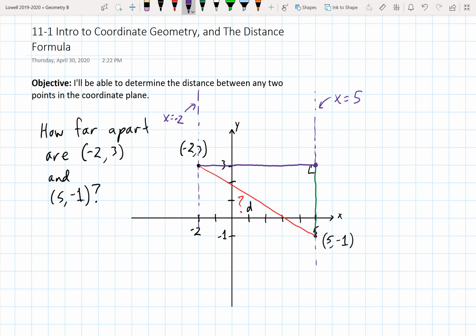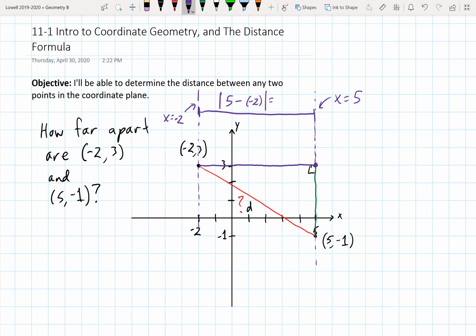If you remember way, way back when we were talking about the distance postulate on just a line, the way to figure out how far away 2 points are was actually the absolute value of their difference. And so the actual length of this would be equal to 5 minus -2, but then you take the absolute value of that.